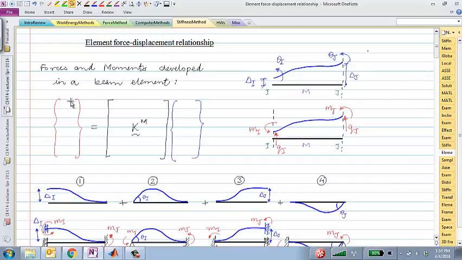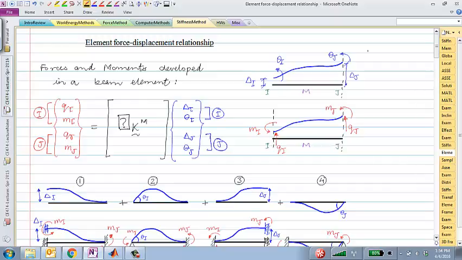So let me write out these forces and moments. We have Qi, Mi, those are the force and moment at node I, and similarly Qj and Mj, those are the transverse force and the node moment, not bending moment, at node J. And what we want is to relate them with delta I, theta I, those are the displacement degrees of freedom at node I, displacement and rotation, and similarly displacement and rotation at node J. So the relationship that we are looking for is this relationship.